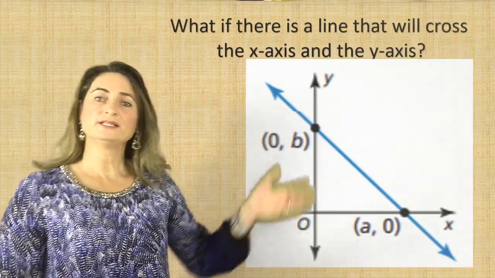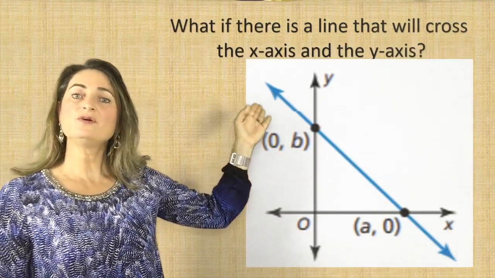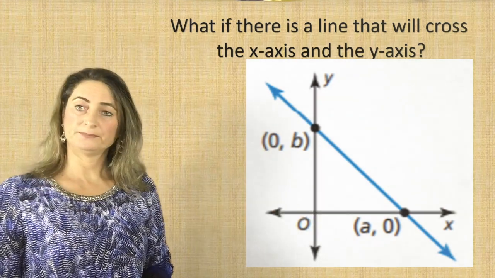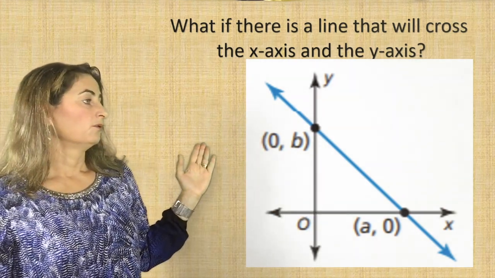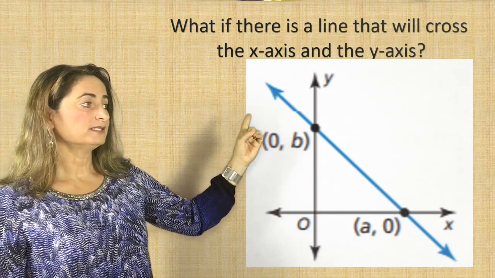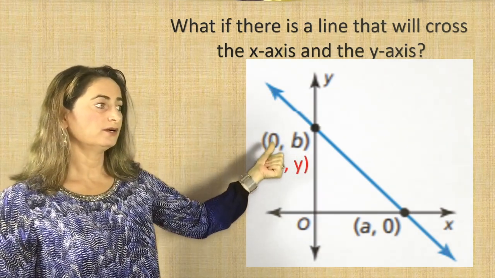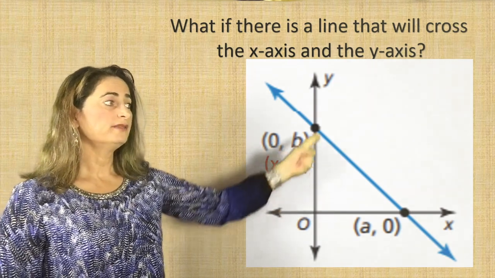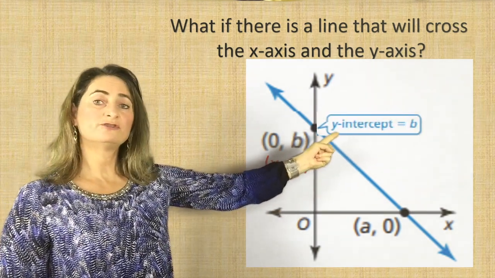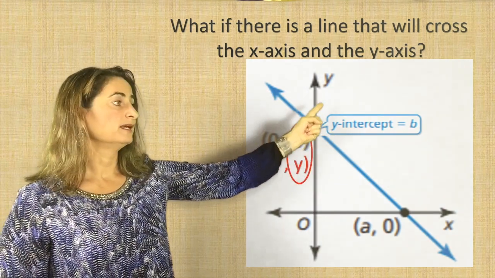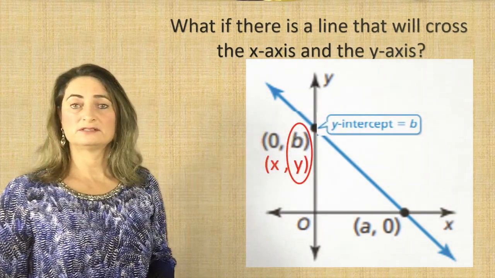Now what if there is a line that crosses the x-axis and the y-axis, just like this one? Watch how it crosses the y-axis at 0, b, where x is 0 and b is the y. That's called the y-intercept. So for the line to cross the y-axis, x has to be 0.